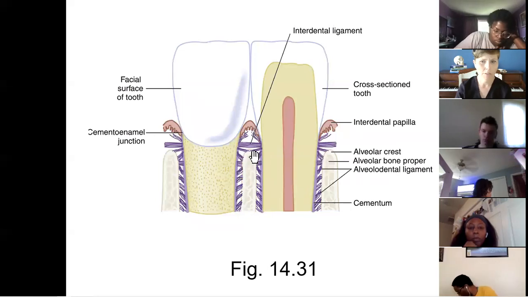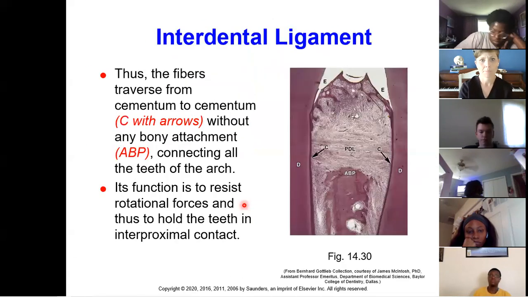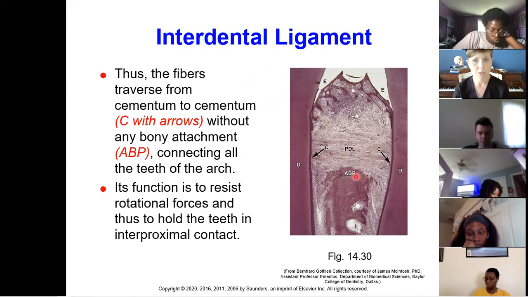I guess this would be your alveolar crest as well, but here's all your obliques that you get there. All right, so again, this dark color is cementum. This is the dentin. Here's your enamel up here, and then your periodontal ligaments. And you can see there's some that run here. They run at an angle down here.